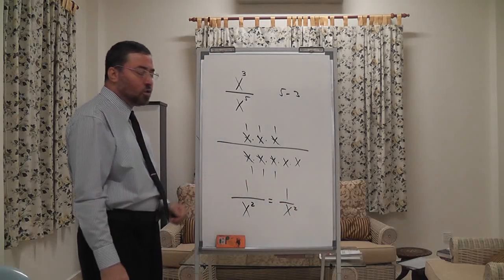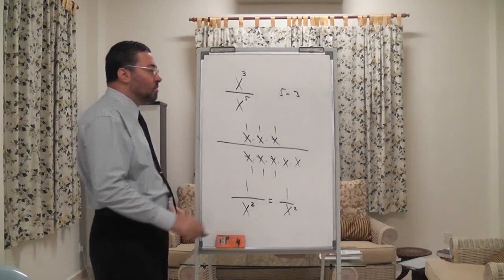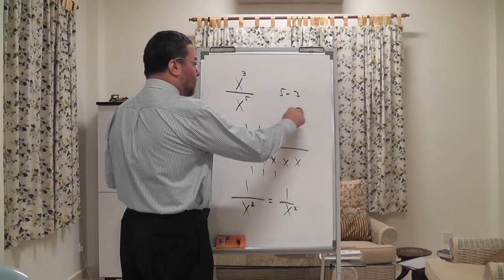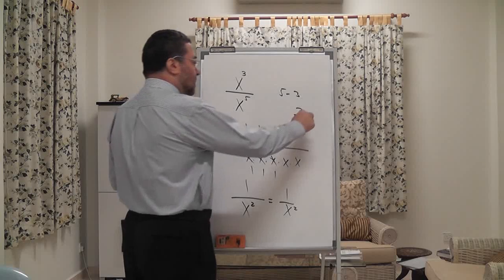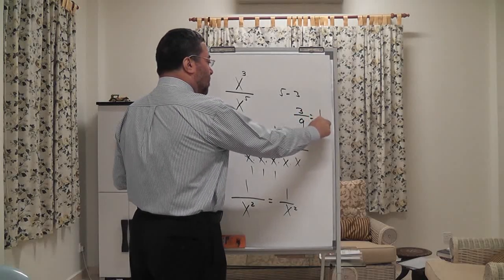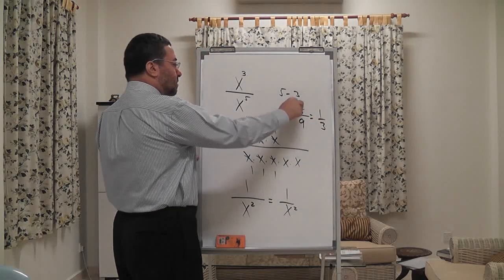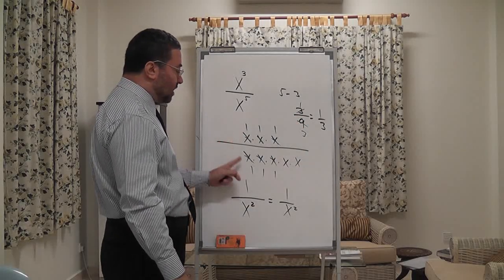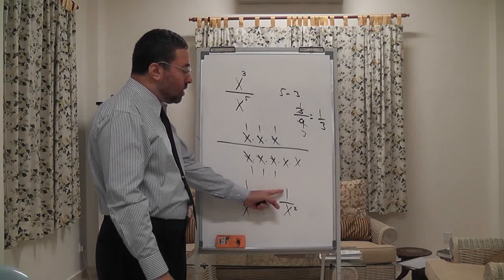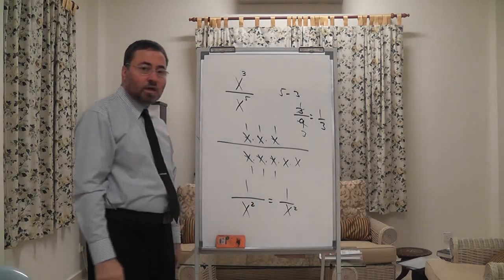And that's similar to having a small number, such as 3, divided by 9, and you are going to get a fraction as a result, 1 over 3, when you cancel by 3. Similarly here, you have a small number divided by a big number, so what you expect is that you are going to get a fraction.